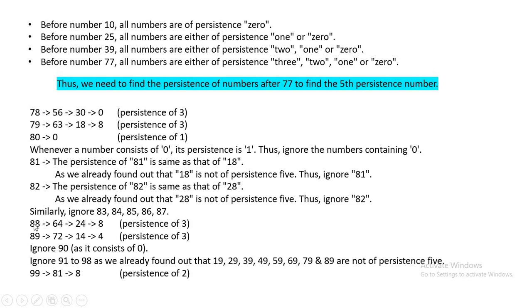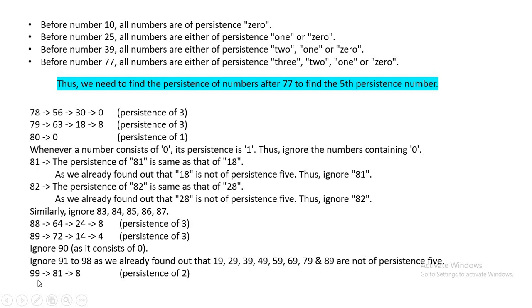Now we will calculate the persistence of 88. 88, 64, 24, 8, again persistence 3. 89, we will calculate this also. 72, 14, 4, persistence 3. Again ignore 90 as it contains 0. For 91 to 98, the same logic applies: 91 is similar to 19, 92 to 29, 93 to 39, 94 to 49, 95 to 59, 96 to 69, and so on.